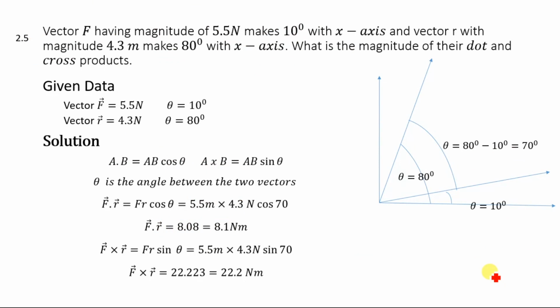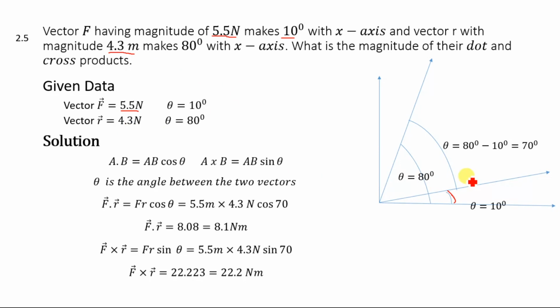Now according to numerical number 5, a vector F having magnitude of 5.5 Newton makes 10 degrees. The angle and the magnitude are given with the x-axis, as this is making a 10 degree angle, and the magnitude of this is given as 5.5 Newton. Now the vector r is given having magnitude of 4.3 meter.